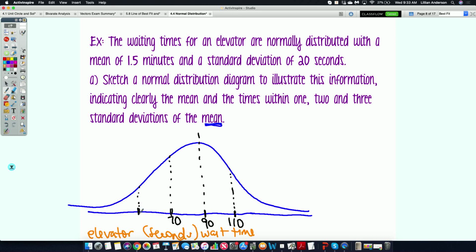Subtract 20 again, and then 130. So you can either subtract 20 again from your previous standard deviation, or you can do your mean minus 2 standard deviations. So 90 minus 2 times 20, which is 50.